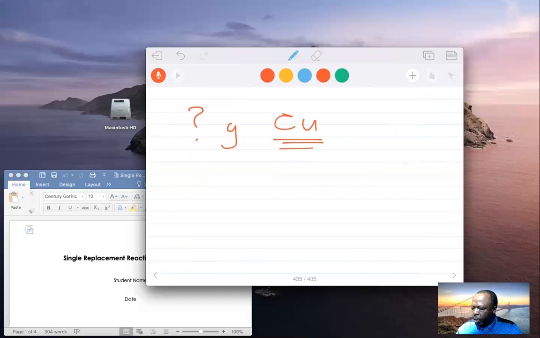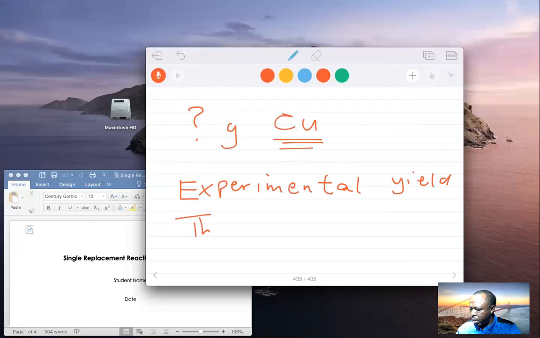We have what we call experimental yield. That is what you will get from performing the experiment. And theoretical yield. All right, we need these 2 types of yield. The first one, experimental, is what you will get from the experiment.